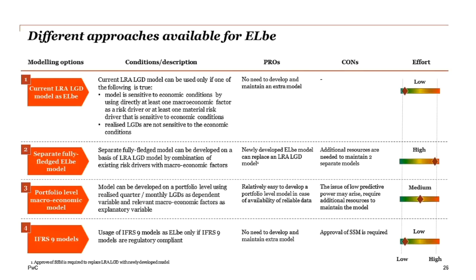For LGD downturn usage, the model component approach is pretty straightforward. You just need to follow the recommendation of the regulator. And for expected loss best estimate model, it is quite easy to incorporate macroeconomics in the model components. However, you would always need to keep the balance between the number of model components and manageability of the model.